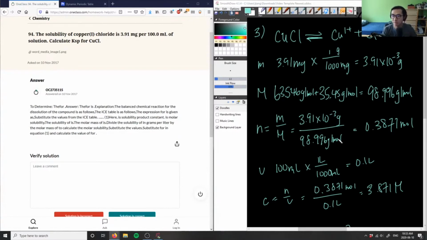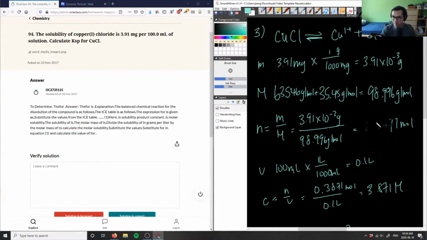Let me just see if I found the moles here correctly, just to make sure, because I have a feeling that something is off, because that's an awfully big concentration. I think I multiplied instead of divided. This is 98.996. Yes, that makes sense here. So I think I multiplied here.